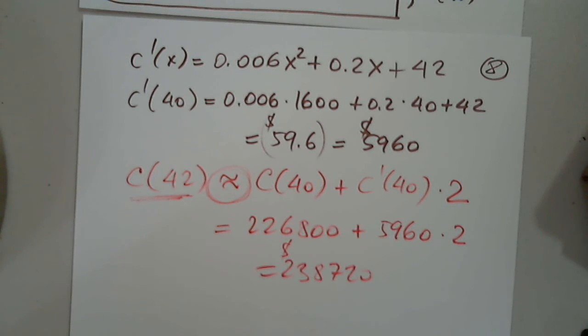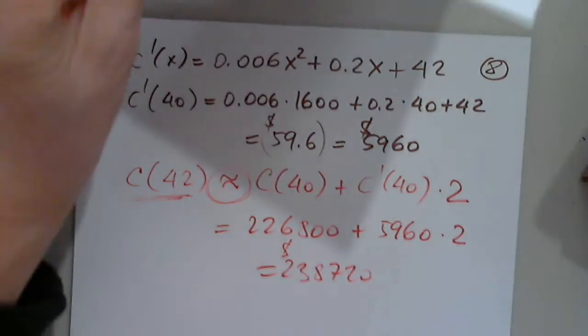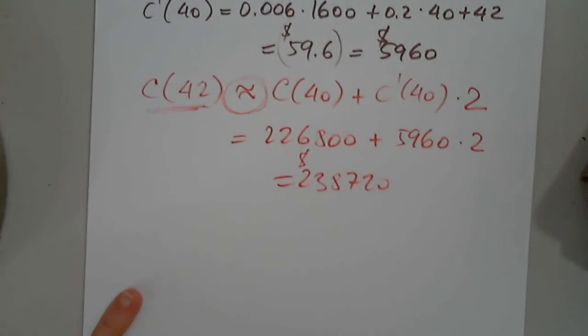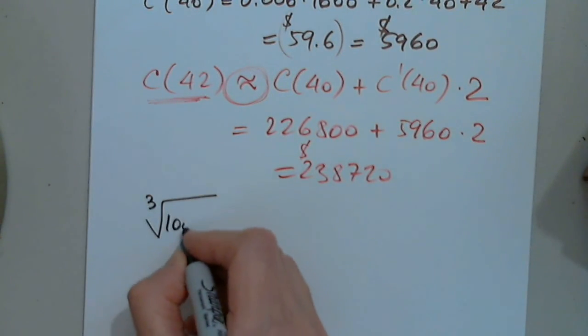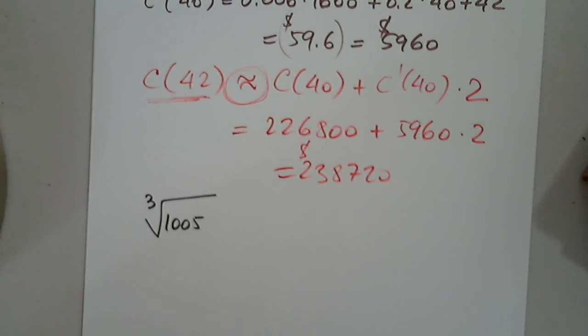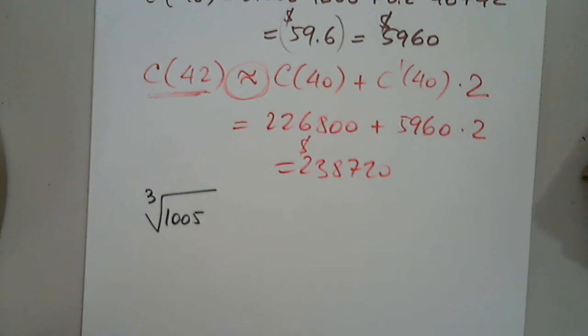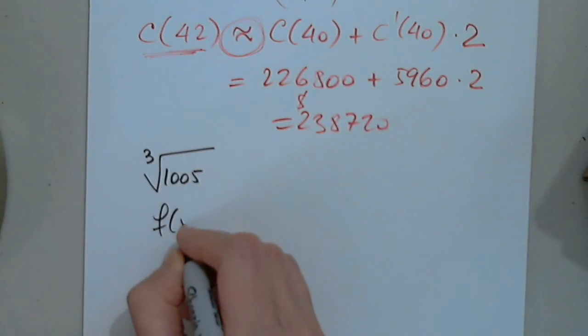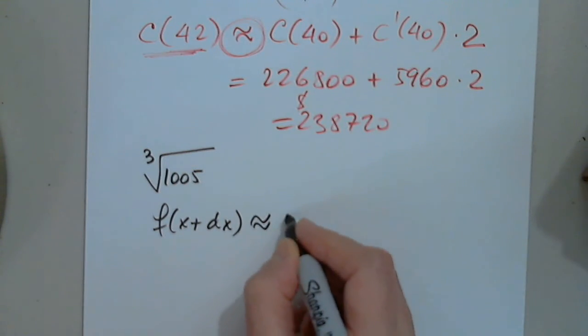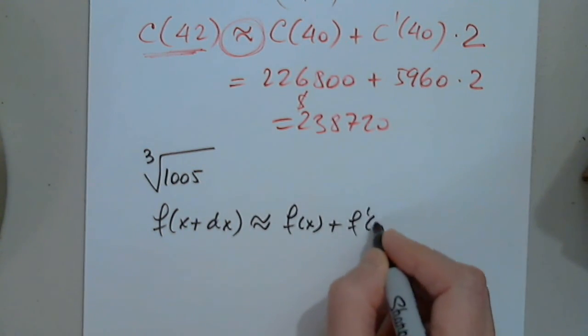Okay, so let's look at 39. 39 is the cube root of 1005. And I just want you to see how powerful you are right now. It says find it to 3 decimal places. Well, we can take the square root by hand. The cube root is a little bit more involved. But remember what we're using, f of x plus dx is approximately f of x plus f prime of x dx.